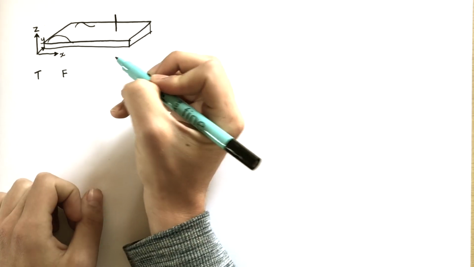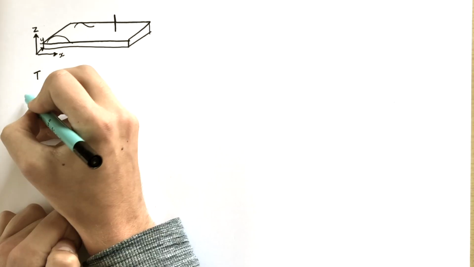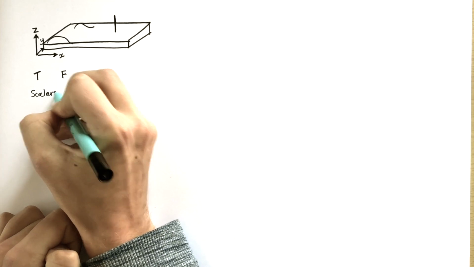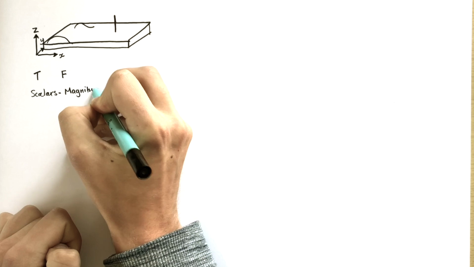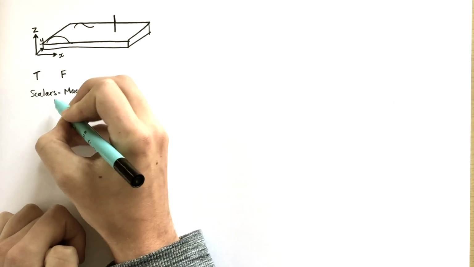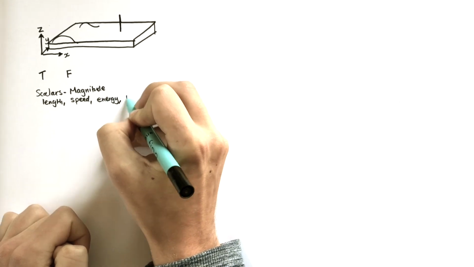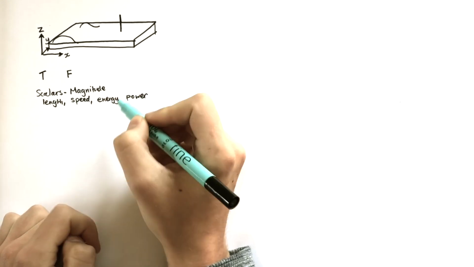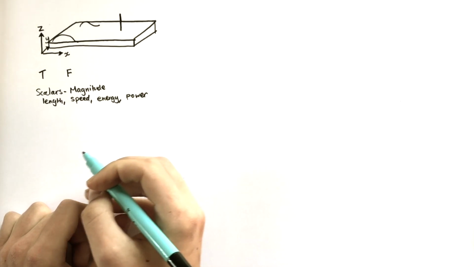Quantities with just a magnitude are called scalars. Some examples include length, speed, energy, and power. Those are some examples of simple scalars. They only have a magnitude, they don't have an associated direction.